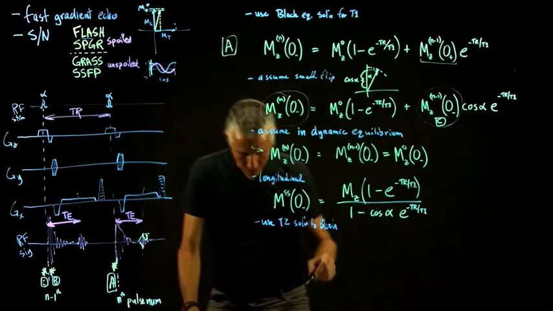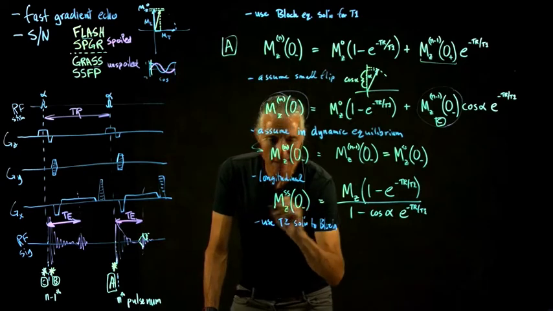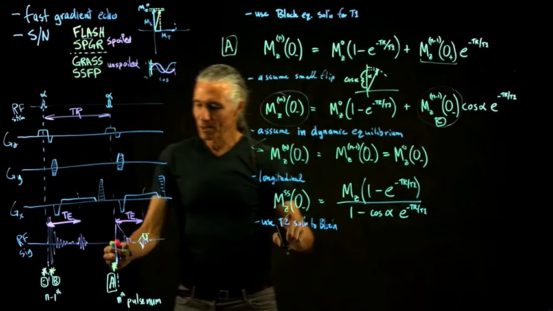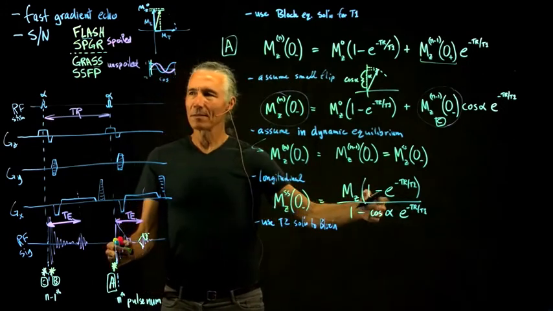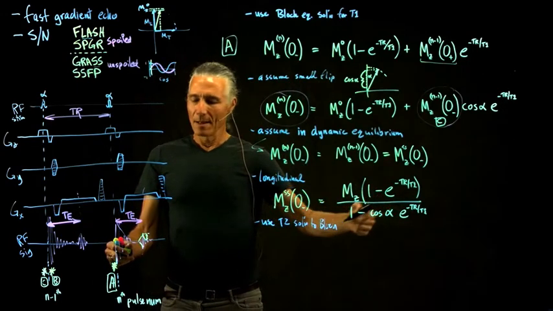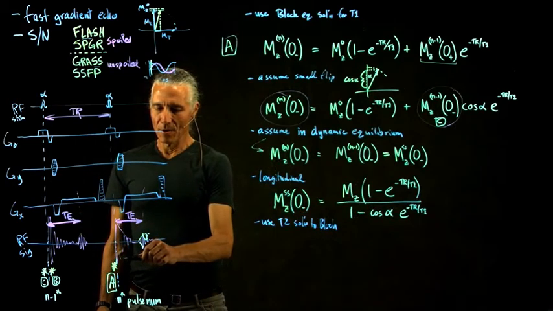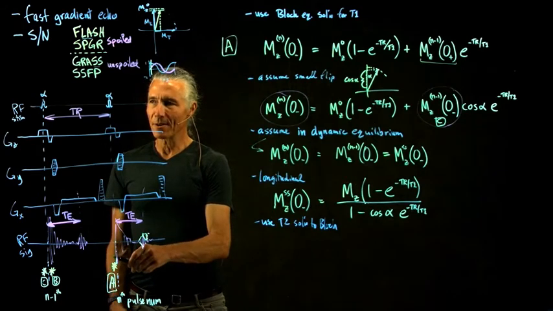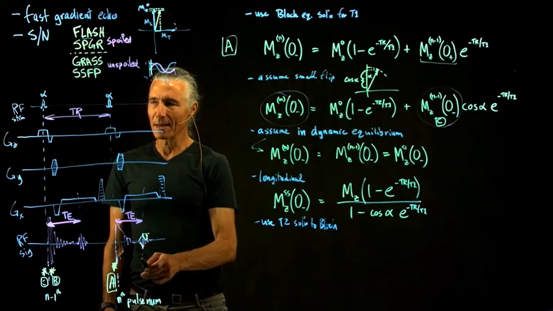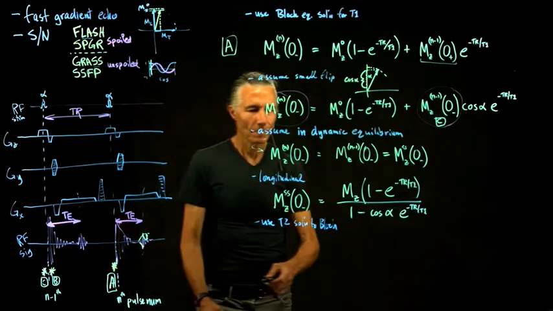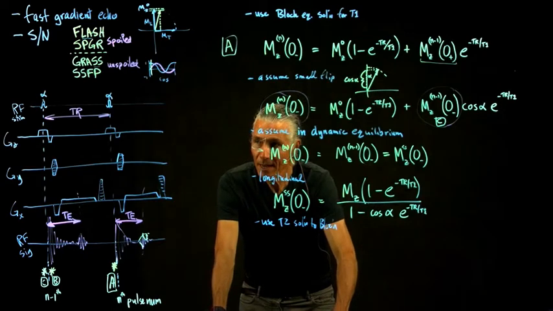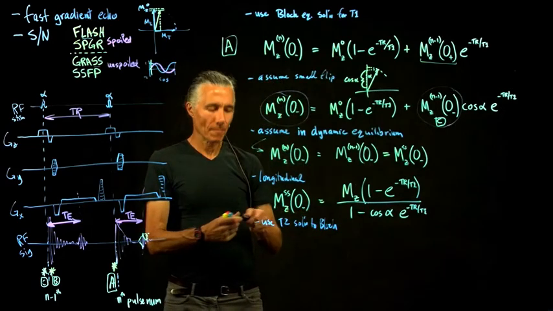Sorry, make sure I get the Z in here. So we had this amount of longitudinal that regrew, and this is how big it's going to be. But now we're going to turn some of that into transverse, which will now decay. So we have to consider how much of it we are turning into transverse.